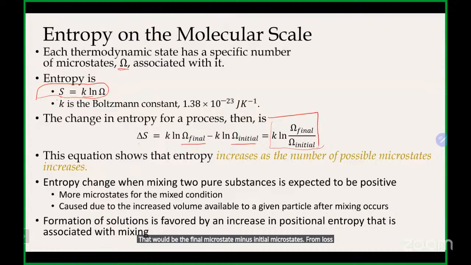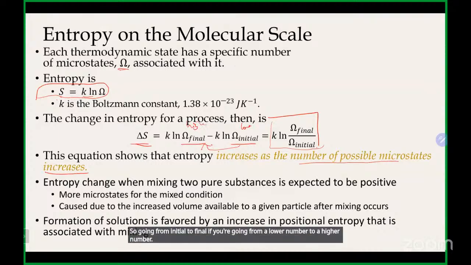This is given by that. If you look at this equation carefully, you would notice that as the number of possible microstates increases, so going from initial to final, if you're going from a lower number to a higher number, delta S will increase.